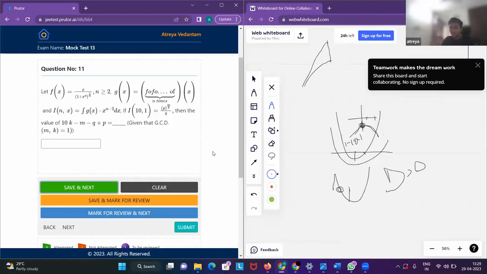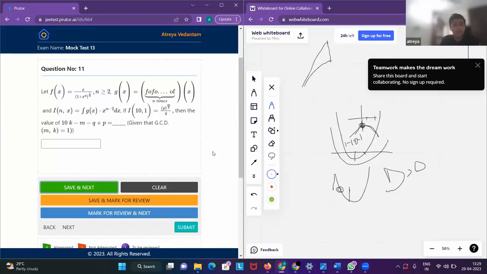So that is simple. That expression, if you simplify, you'll get x divided by (1 plus 2x power n) the whole power 1 by n. Which means g of x essentially is equal to x divided by (1 plus n x power n) the whole power 1 by n.